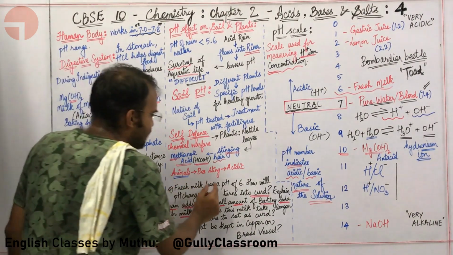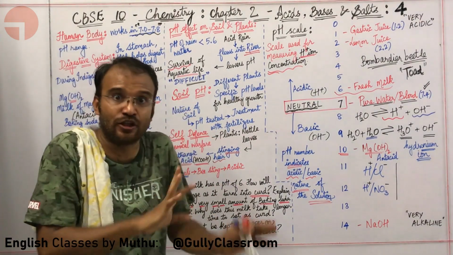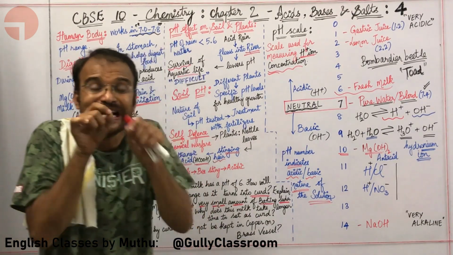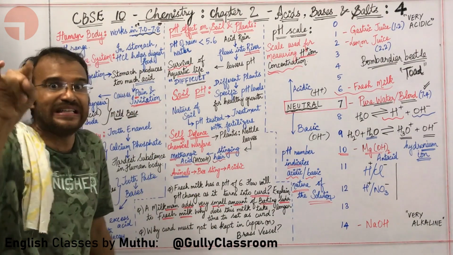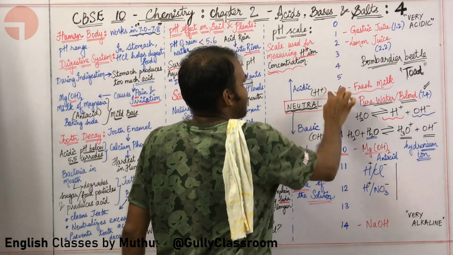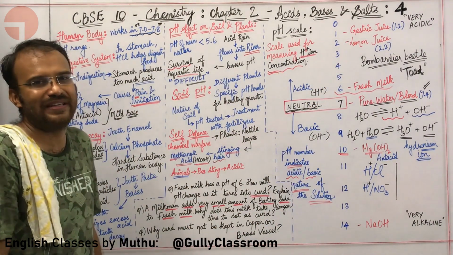So fresh milk has a pH of 6, but when it is turning into curd, because more lactic acid is produced, this lactic acid gives a pH that is lesser than 6. When we have a pH lesser than 6, that particular acid is more sour in taste.